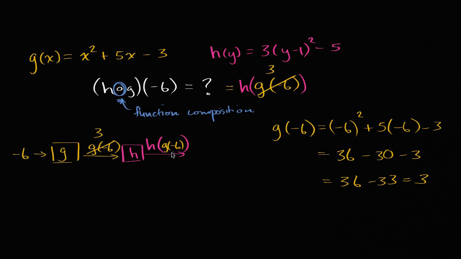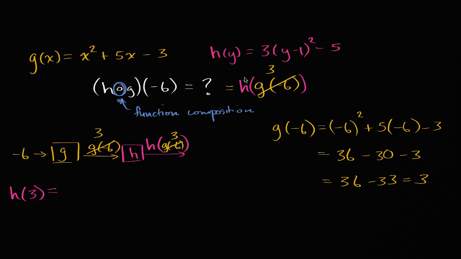And so h of g of negative 6 has now simplified to just h of 3, because g of negative 6 is 3. So let's figure out what h of 3 is. Whatever we outputted from g, we're inputting that now into h. So that's the number 3.